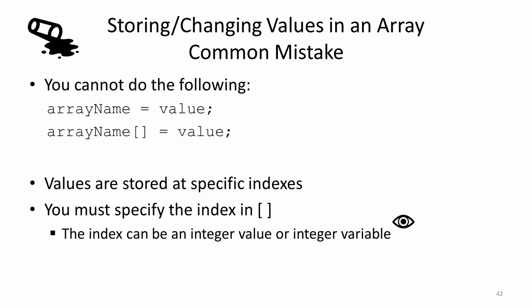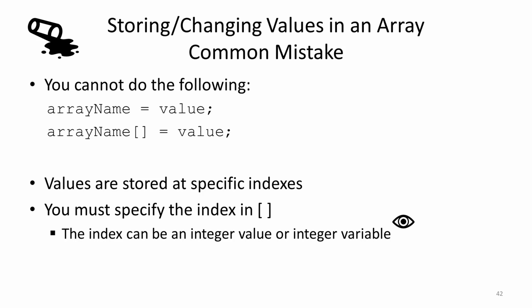You must specify an index in the square brackets. The only time the square brackets is empty is when you are declaring the variable name. The index can be an integer value or an integer variable. And I have this picture of an i there. You may use a loop increment variable if you are filling or processing the array, and that will come up.